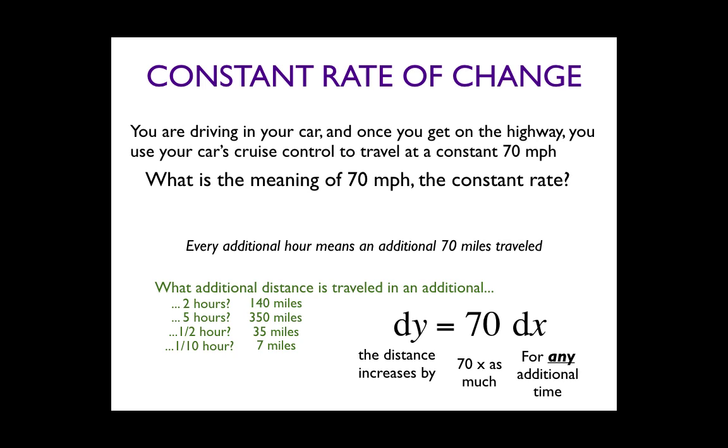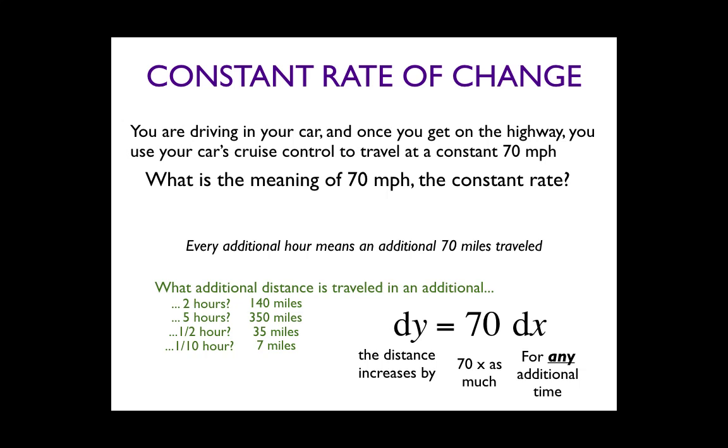I haven't defined my variables here, but let X represent the amount of time since you started driving, and Y equal the amount of distance you've covered since you started driving, where X is measured in hours and Y is measured in miles.